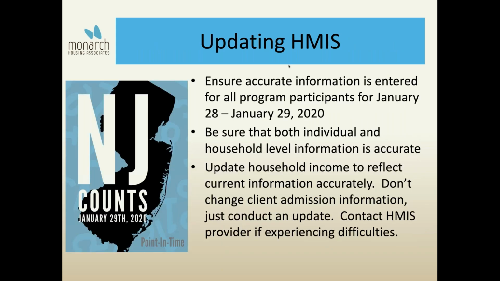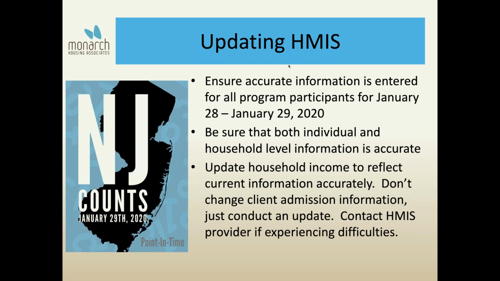Ensure that the accurate information is entered for all program participants. For January 28th to the 29th, be sure that both individual and household level information is accurate, and update household income to reflect the current information accurately. Don't change current admission information, just conduct an update.